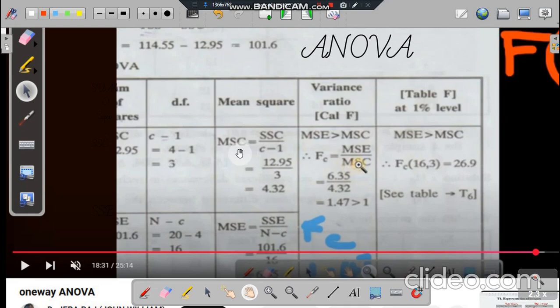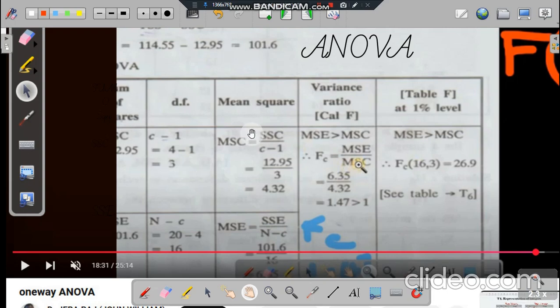Now what is MSC? Mean square column wise. The formula is the sum of squares column wise divided by C minus 1.